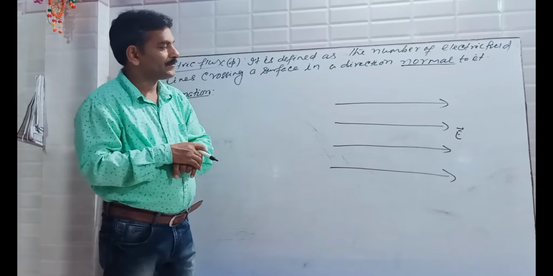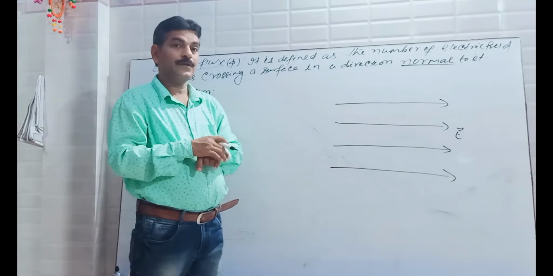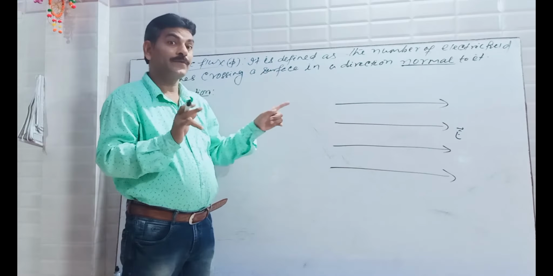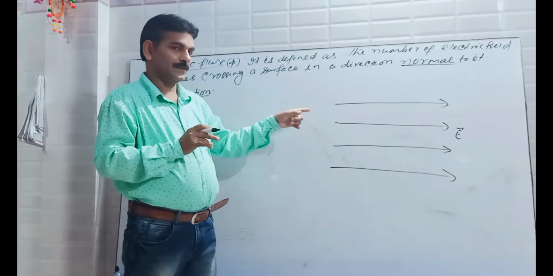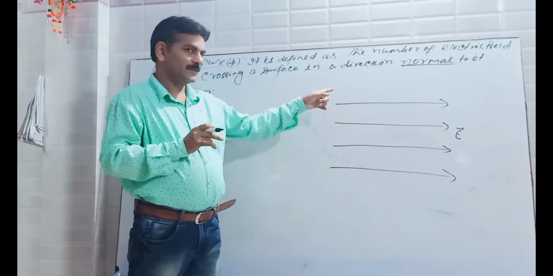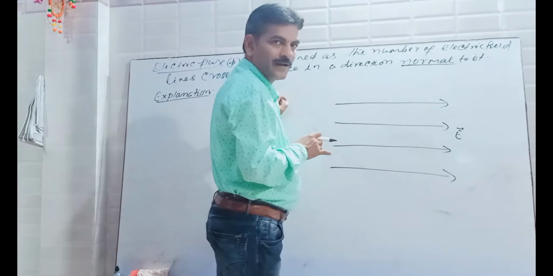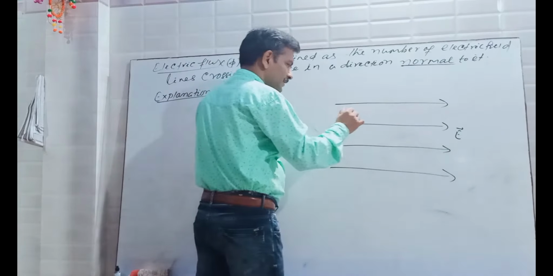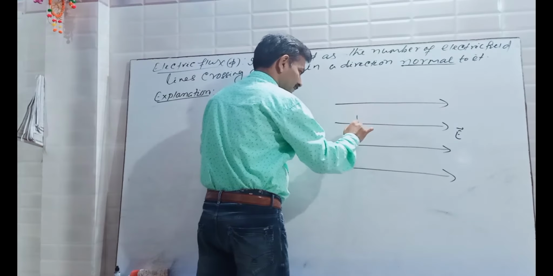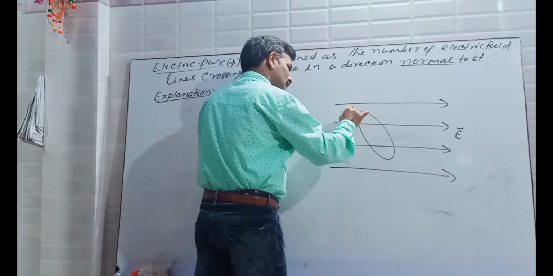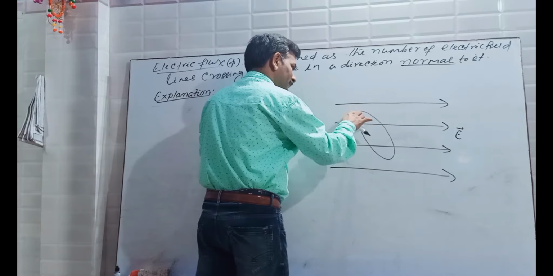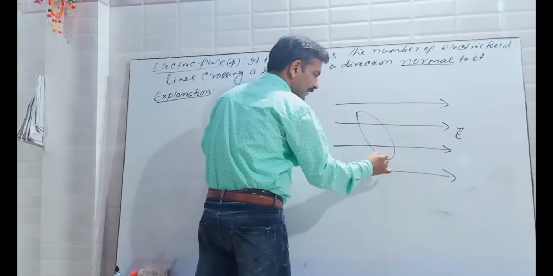I have drawn which type of electric field? Uniform electric field. You see, equispaced electric field lines represent a uniform electric field. You consider a surface of area S.